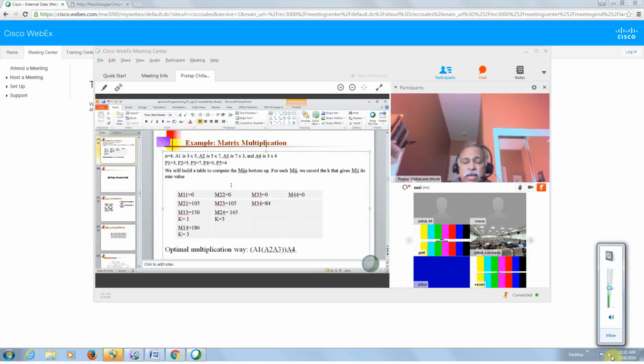So 3 times Q is 5 times, X is, I'm using X as times, okay, 7. So that is 15 times 7, that is 105, correct? So that is how you get that 105 there.